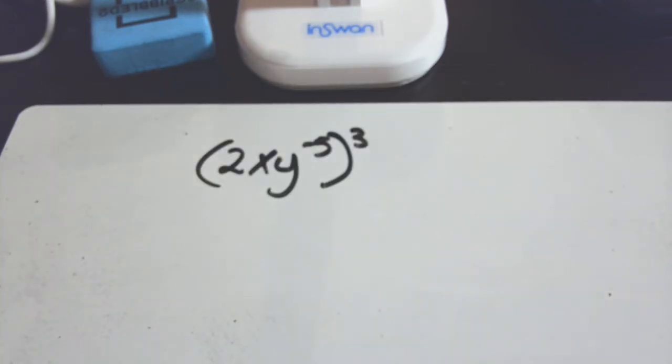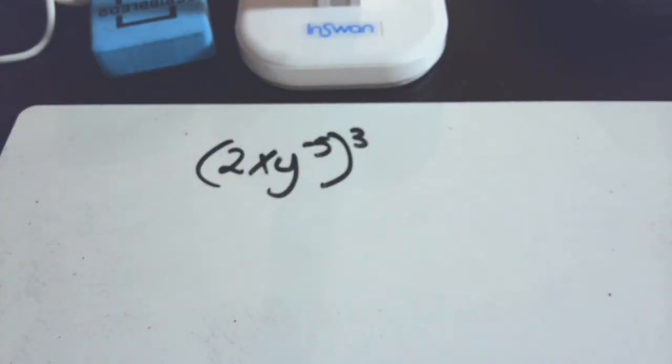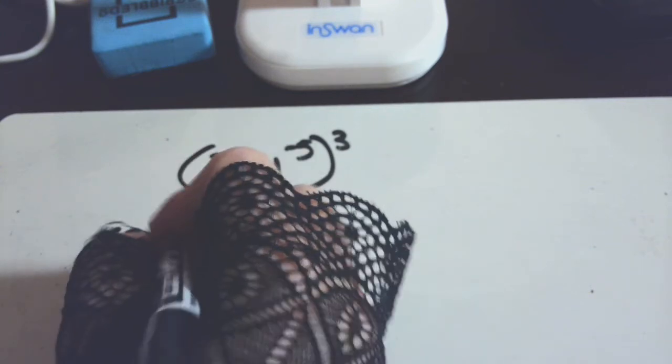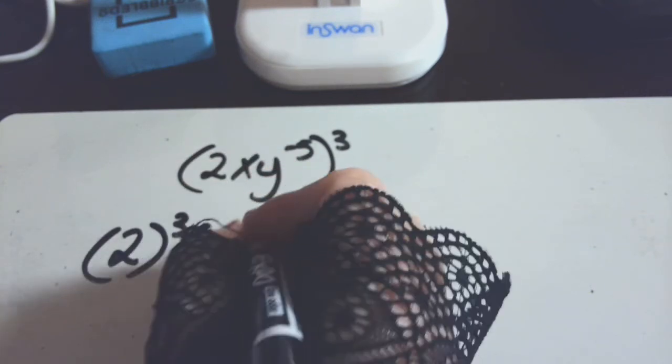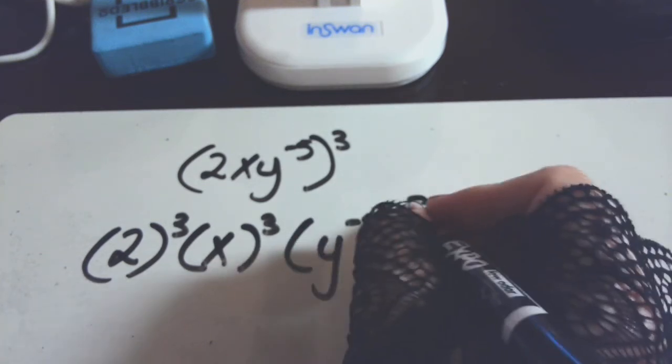I just want you to look at that for a second and see if you can write it out. Okay, so how would you write that out? You would say 2 raised to the third power, x raised to the third power, y to the negative 5th raised to the third power.